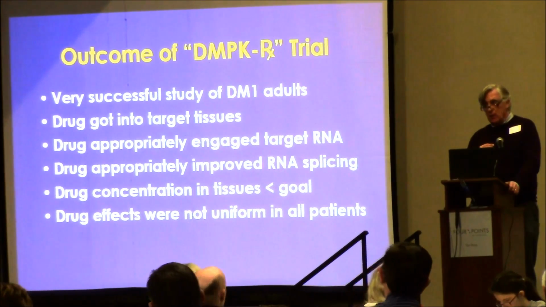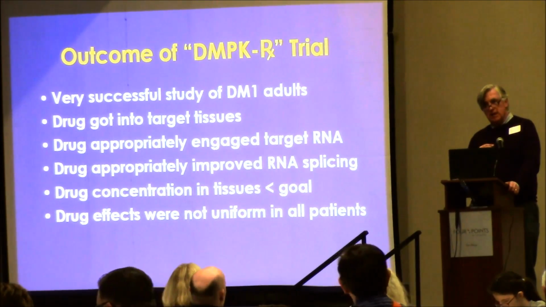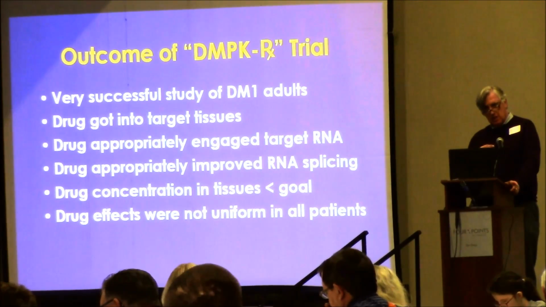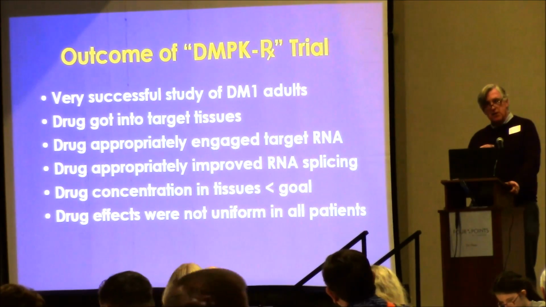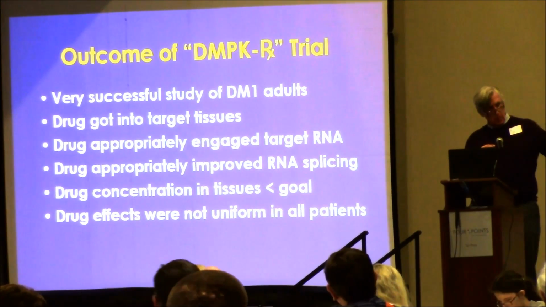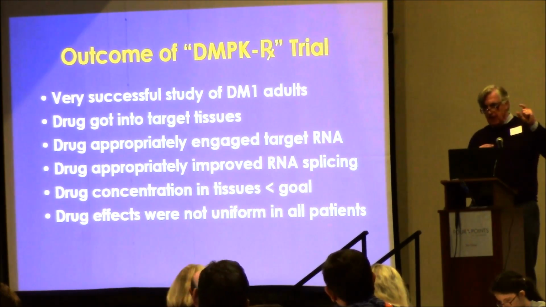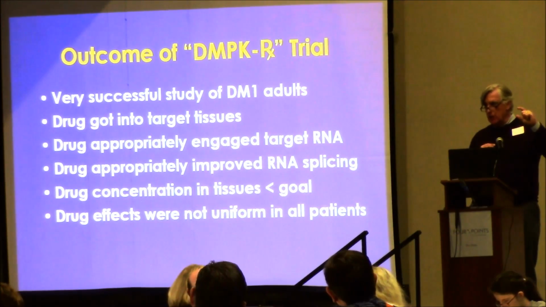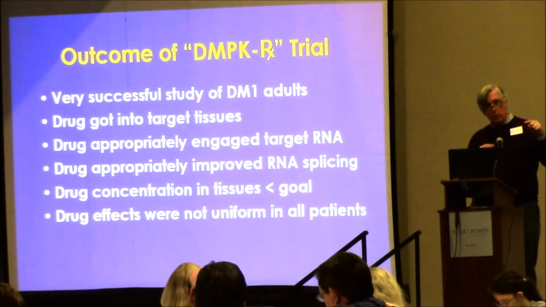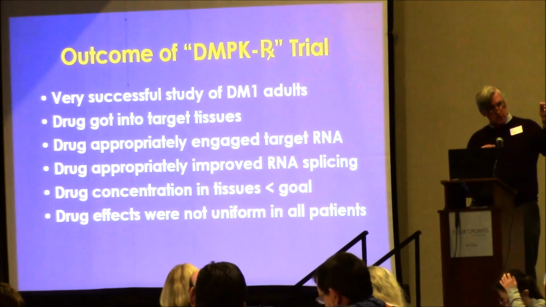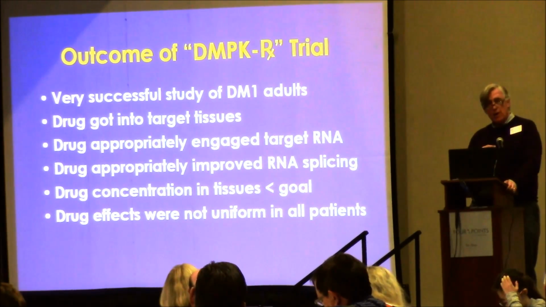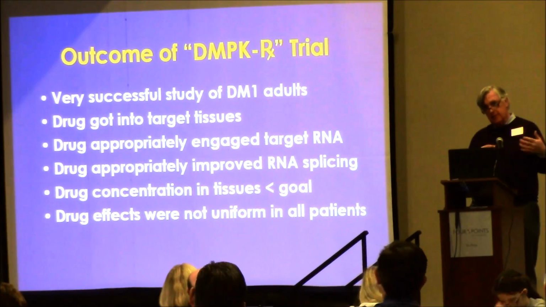The one thing that we did find out was that the concentration in the tissues was not up to where we wanted it to be. The people working at Ionis had identified a tissue concentration that they thought we needed to achieve, and we were below that. So we did not get the full concentration that we were hoping for, and that is a limiting factor.